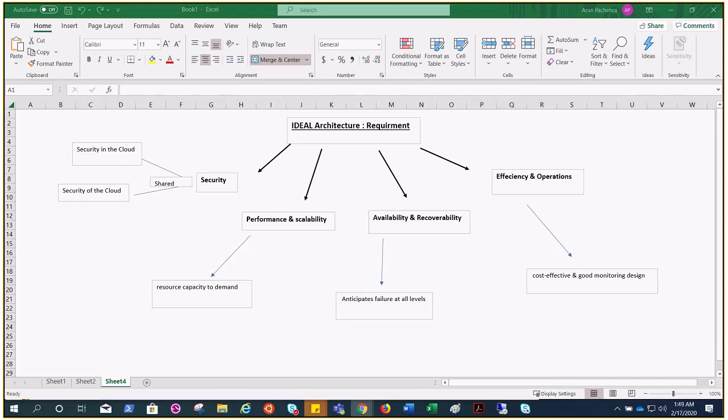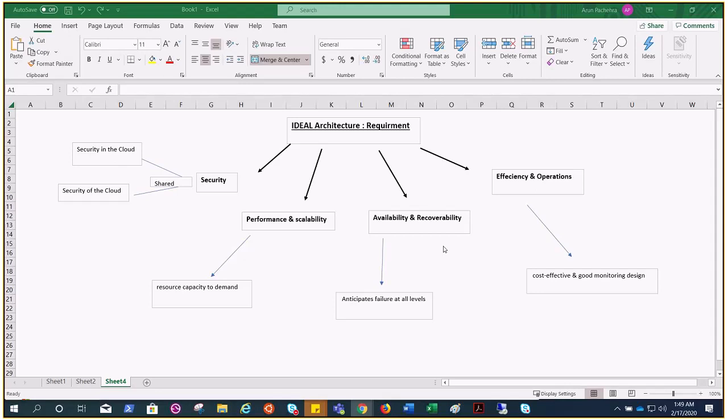Cool. Now let's talk about availability and recoverability. Well, this is something which is a nightmare for any architect. If they design something and their design couldn't recover, that is a nightmare for any architect.